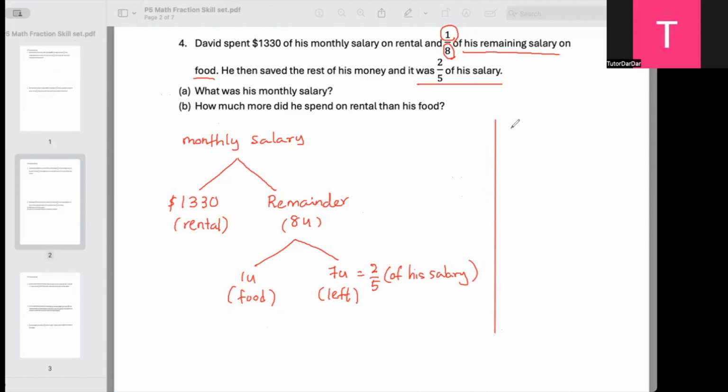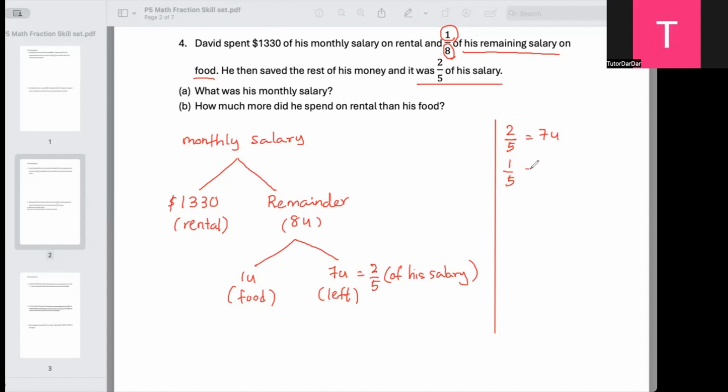Now here, 2/5 is equivalent to 7 units. And we cannot straightaway find 5/5 for the 1 whole. So in order to find 5/5, we need to find 1/5 first.